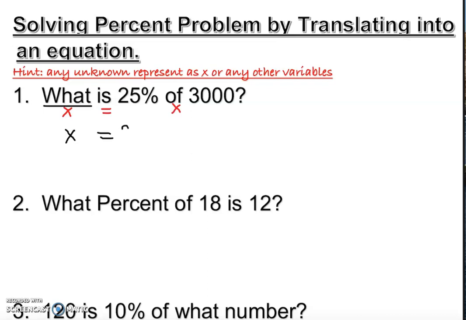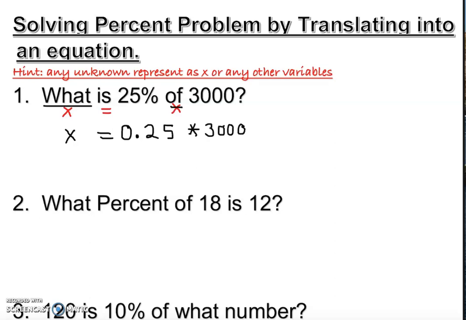That is the easiest way, I think: 0.25, which is 25 cents. And of means multiplication. I only have a star here, because I do have the unknown x, and that's going to contradict, so I'm going to have a star here, times 3000.